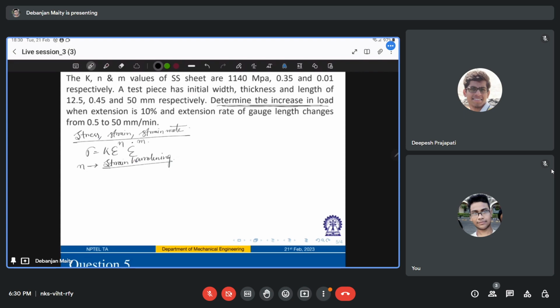What is n? And m is strain rate sensitivity. Now, if you have this equation, then you have these K, n, and m values for SS: 1140, 0.35, and 0.01.